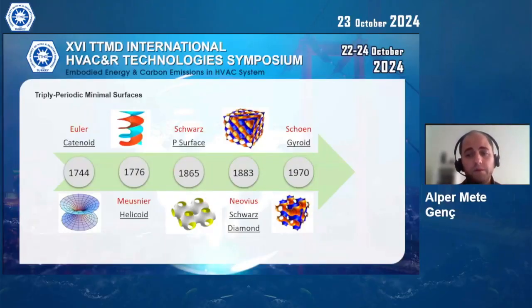Studies on minimal surfaces started with Euler's catenoid geometry in 1744, and the Meusnier helicoid geometry followed it in 1776. Then, actually, these are the most commonly used geometries in the literature.